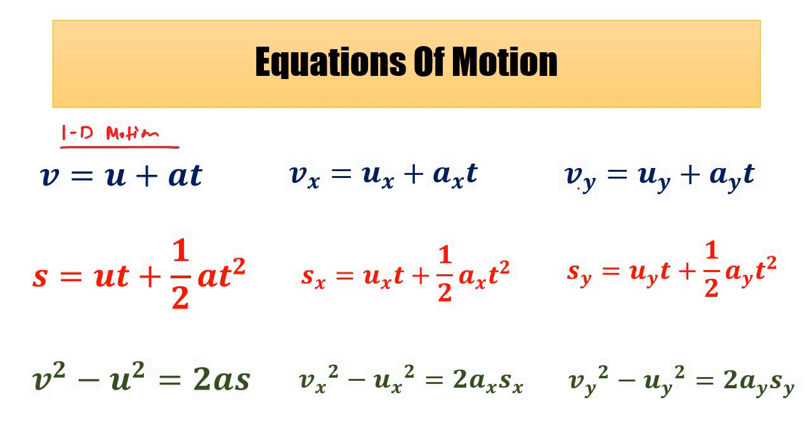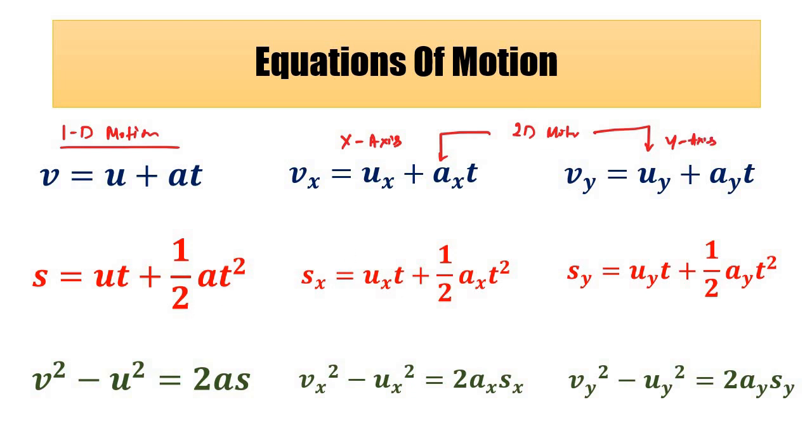So there is no need to specify whether it's x, y, z, whatever. Simply we are writing the equation. But these two equations are applicable for two-dimensional motion. This is for motion along the x-axis, this is for motion along the y-axis.